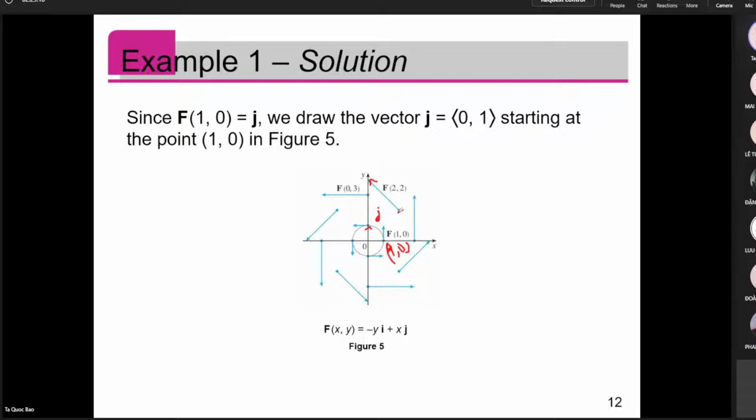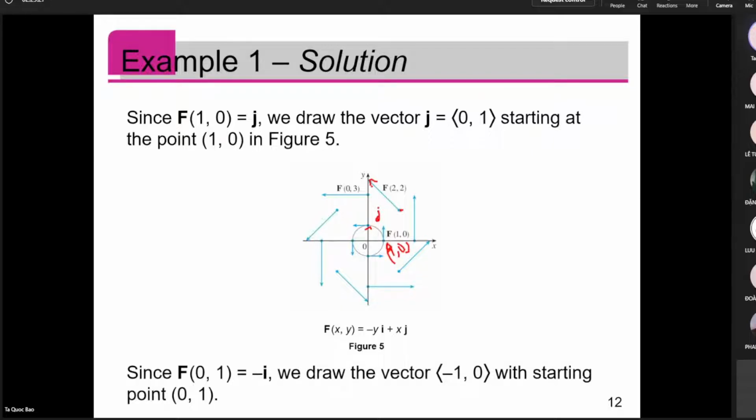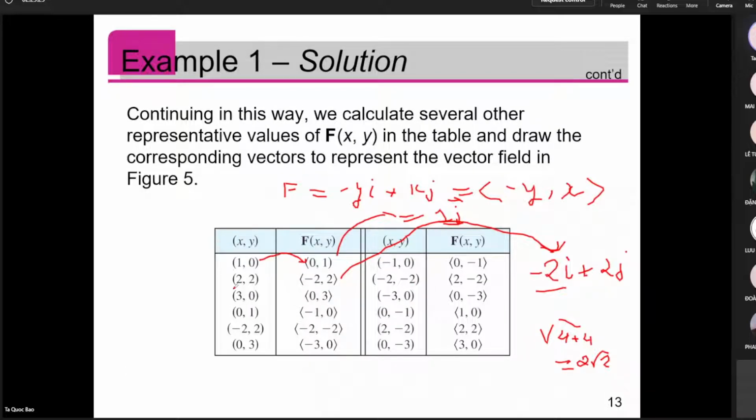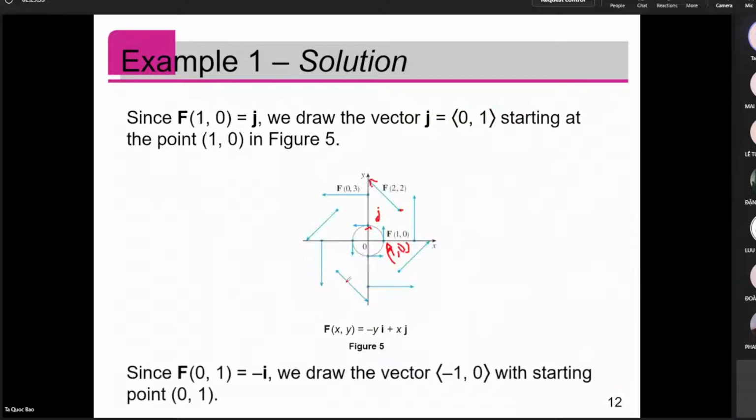If you are here, you cannot go by this way. You have to go by this one because the direction and the force at this point and this point is different, right?